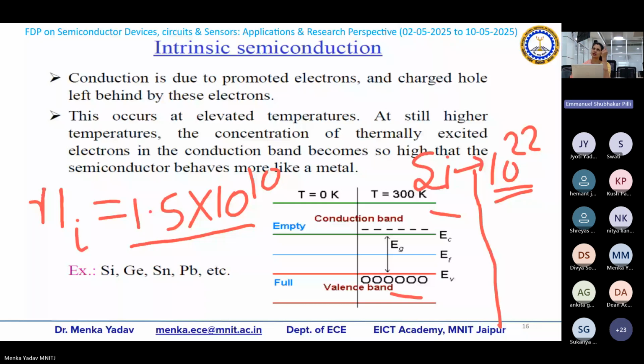If you decrease the temperature, you are decreasing the energy. Decreasing the energy means the electrons and holes are tightly packed. The electrons that were in the valence band do not have enough energy to go and sit in the conduction band.